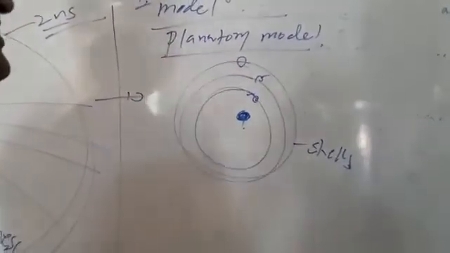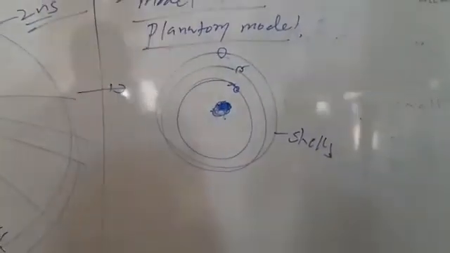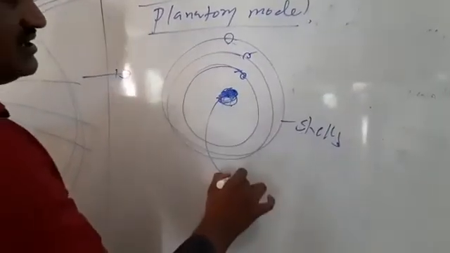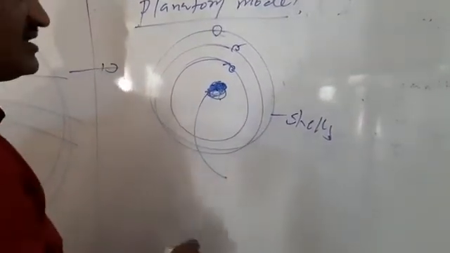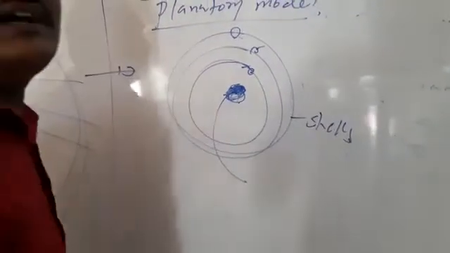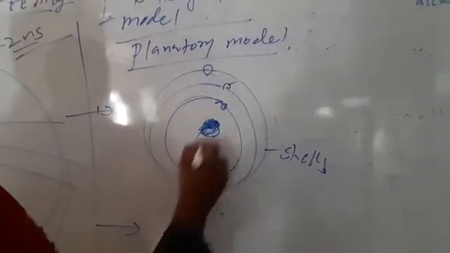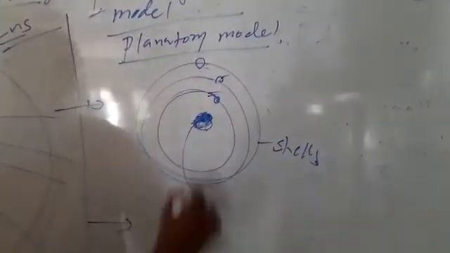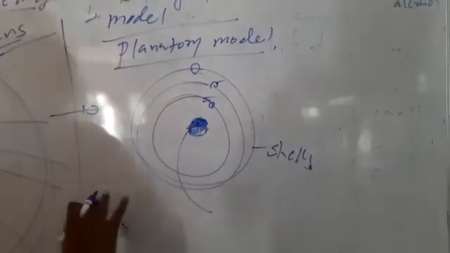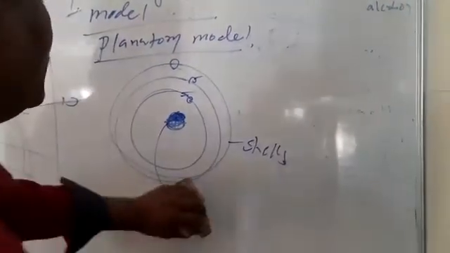This positive charge is a dense mass, with high density and high mass, responsible for the whole mass of the atom. The electrons have negative charge and the inside is positive, so the atom is electrically neutral.